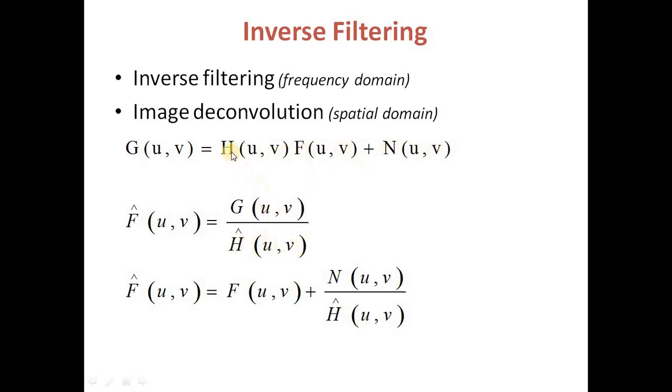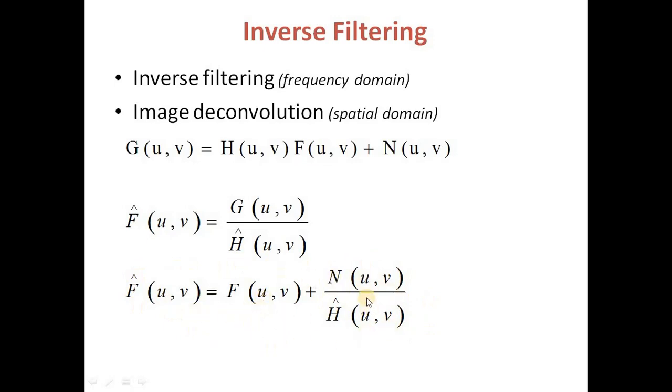If the estimation of the degradation function is good, close enough, then H of u comma v and H cap of u comma v will closely cancel each other. So it will give you F cap of u comma v equals F of u comma v plus N of u comma v divided by H cap of u comma v.